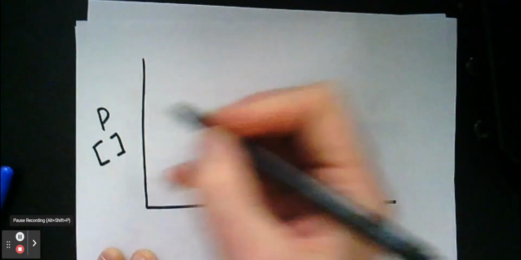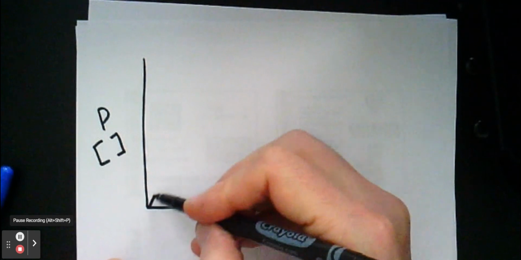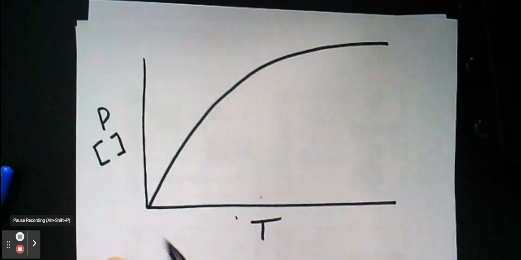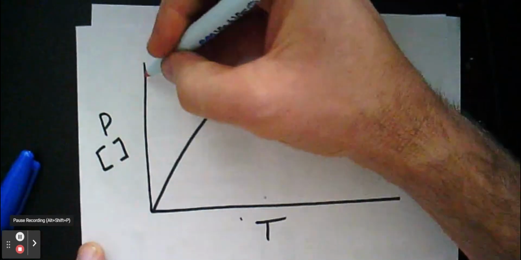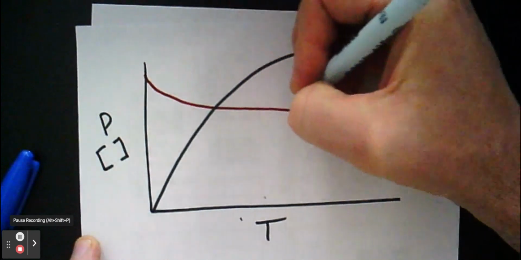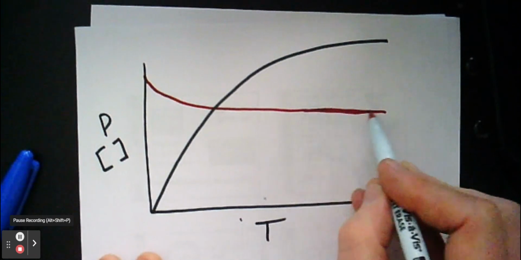Now with these graphs, this is either going to be pressure or concentration, and this is going to be time. Alright? And this concentration is getting greater. This concentration is getting less.